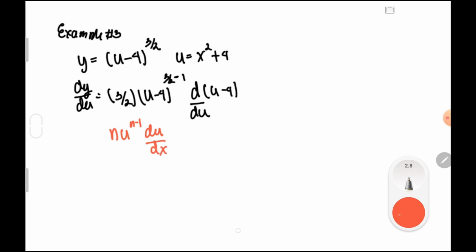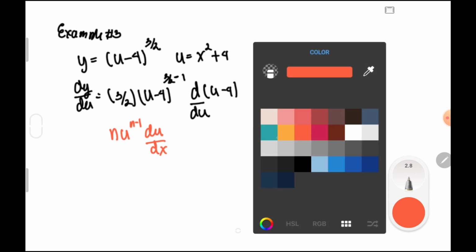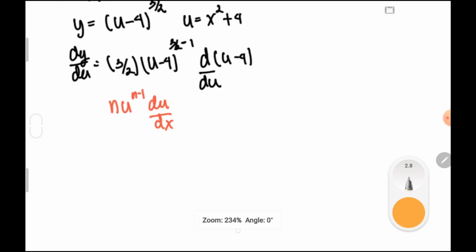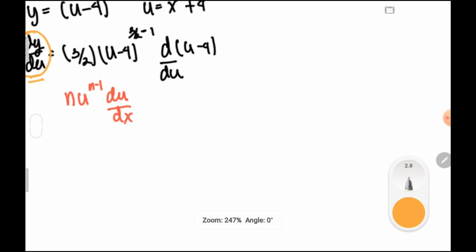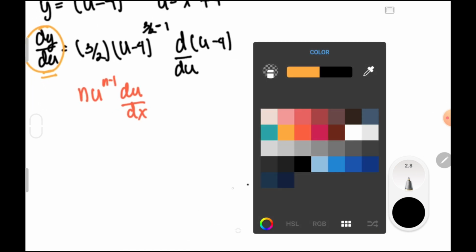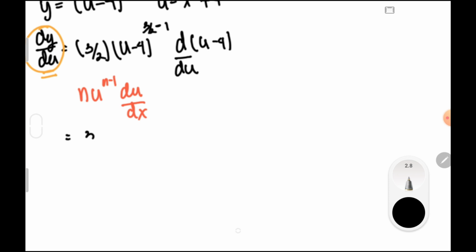Why du here? Note that we are differentiating dy over du with respect to u.